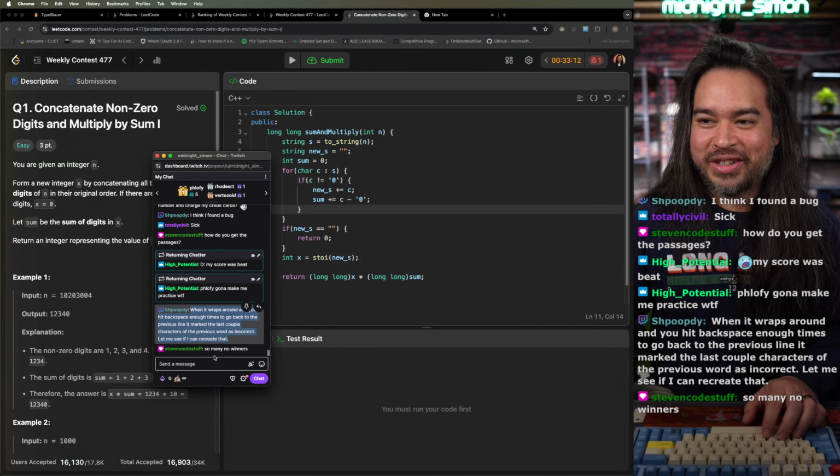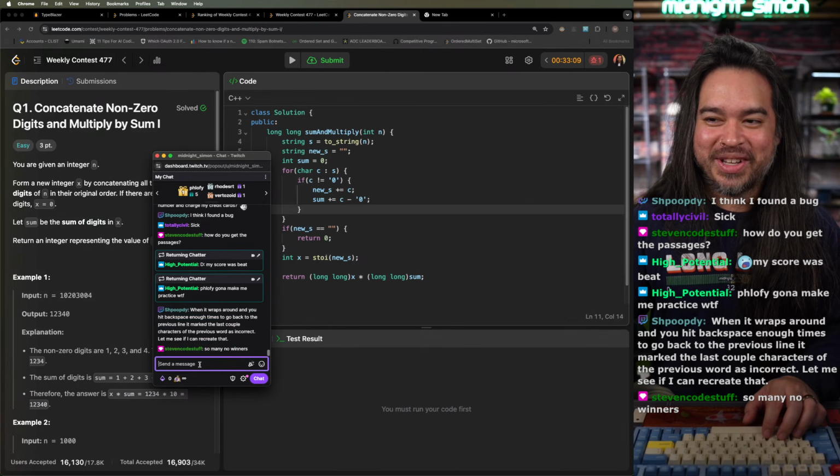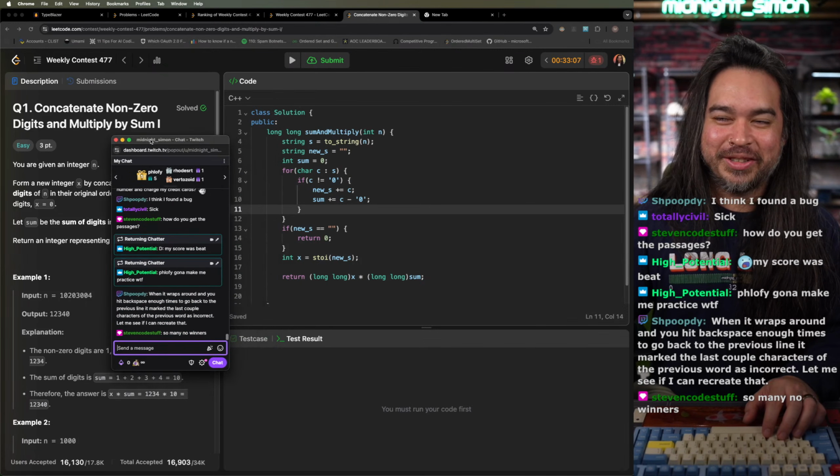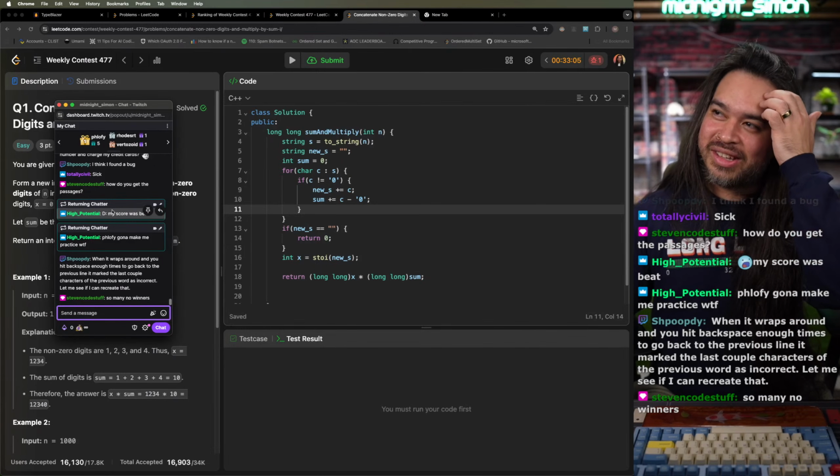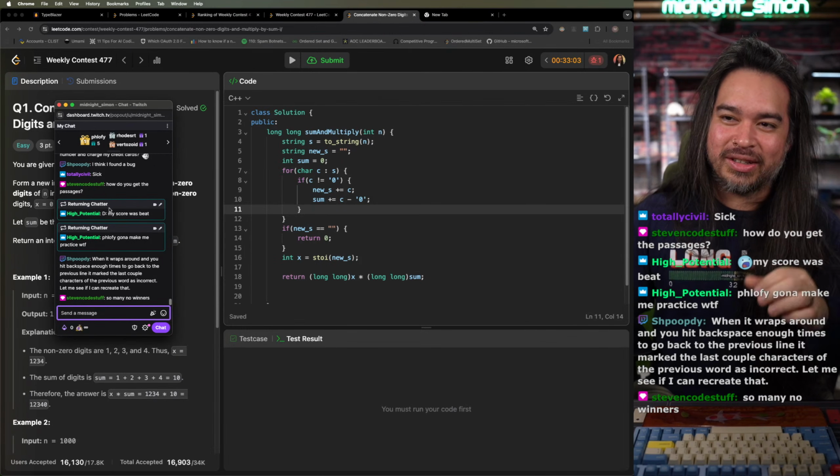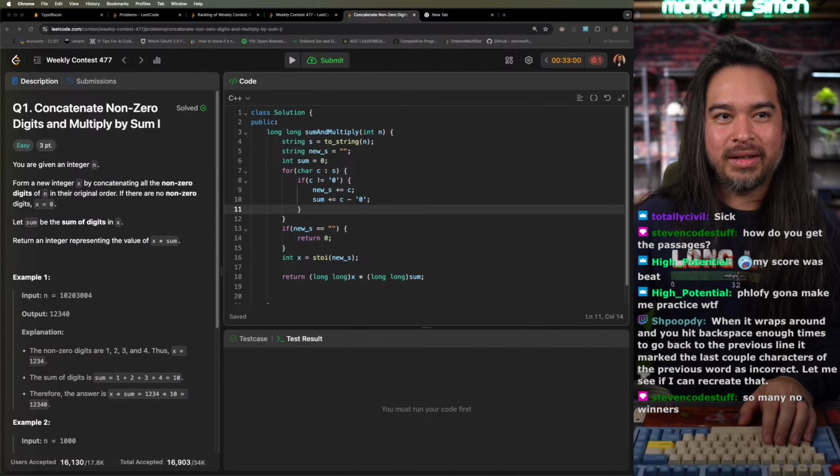So many no winners. Yeah, if nobody shows up for the championship race, there's no winner, you know. And I think I just got the races stabilized like earlier today.